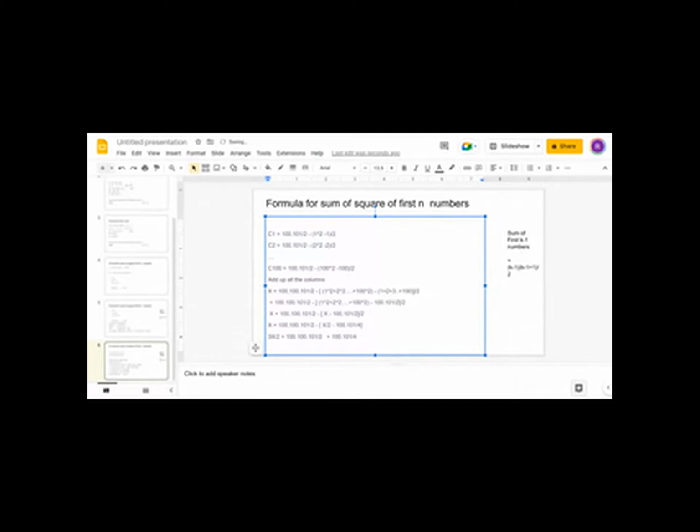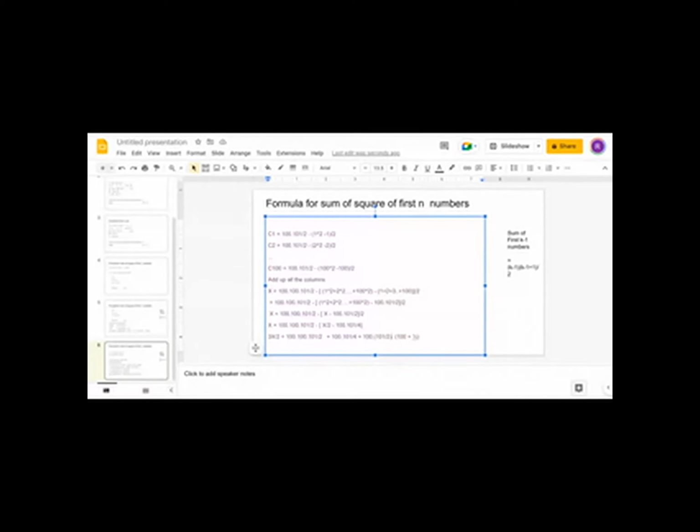I can take the 100 and the 101 by 2 outside. So this is 100 into 101 by 2 outside, and then 100 into 101 by 2 I got removed. So then I'll get 100 from this first thing, and from the second thing I will get another half. Okay. So I got 100 into 101 by 2 into 100 plus half.